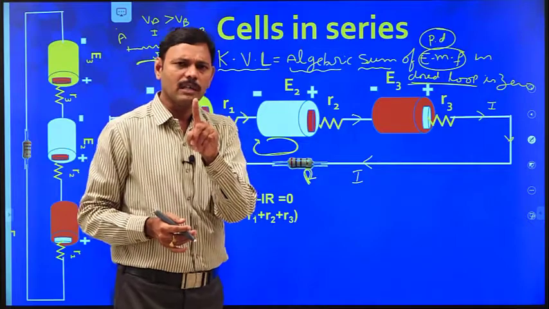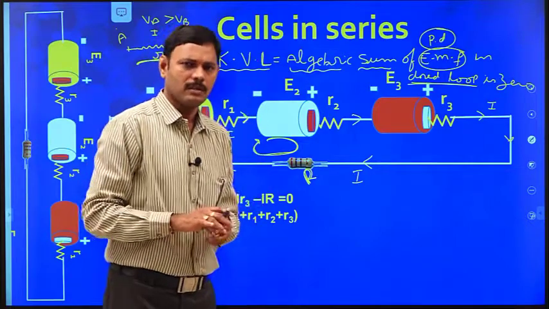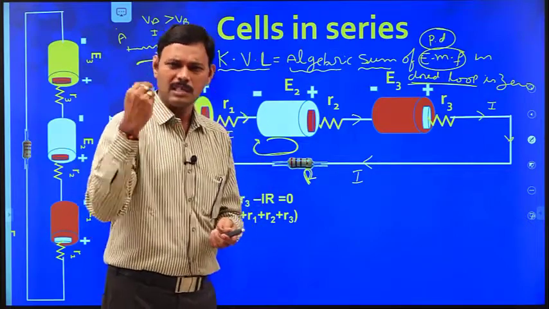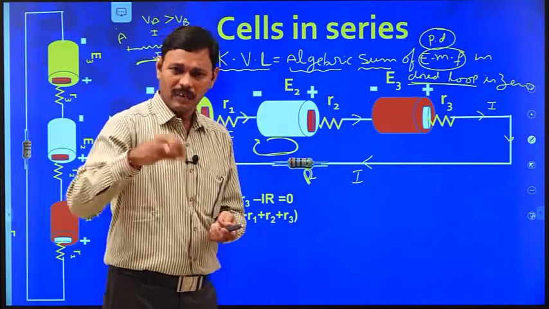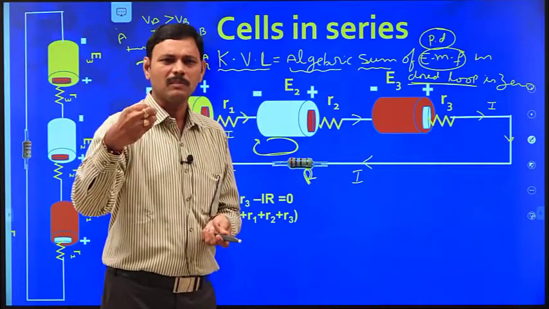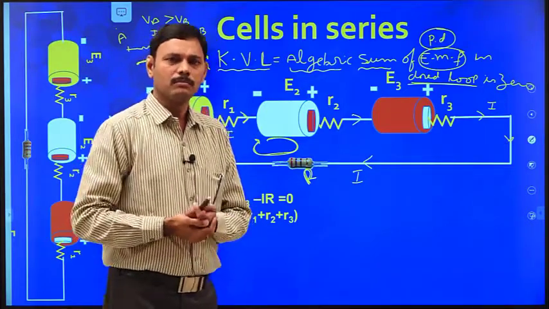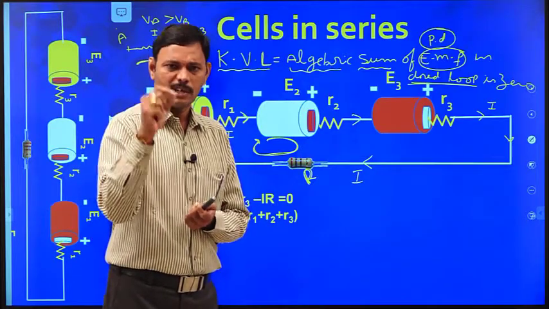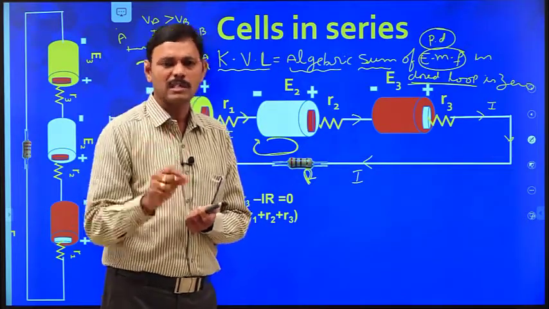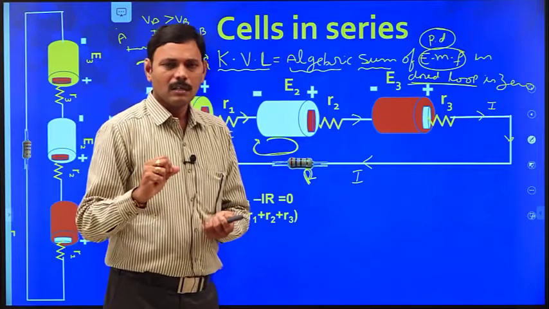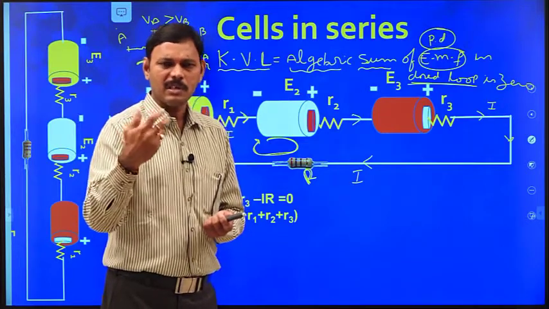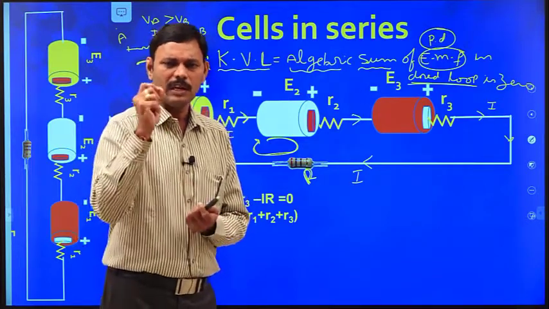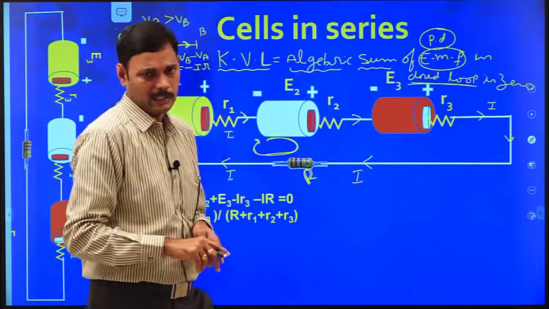Very, very important explanation, students. To solve so many numericals in JEE Main or IIT, in further discussions we have to discuss very important devices like meter bridge, Wheatstone bridge, potentiometer and their numericals. For all these discussions in current electricity, this sign convention is most important.